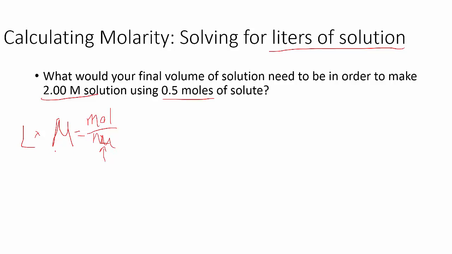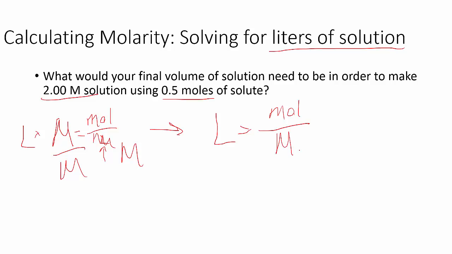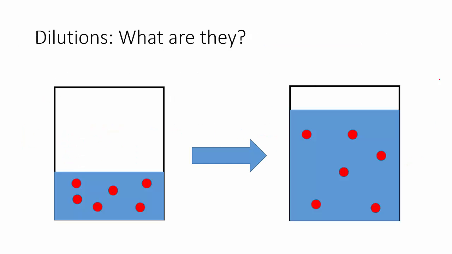And now we've got to get liters by itself, so divide each side by molar. And you get liters equals moles over the molarity. That's plug and chug. 0.50 divided by 2.00, and you get 0.25 liters. That's just a little algebra. Don't let that scare you.